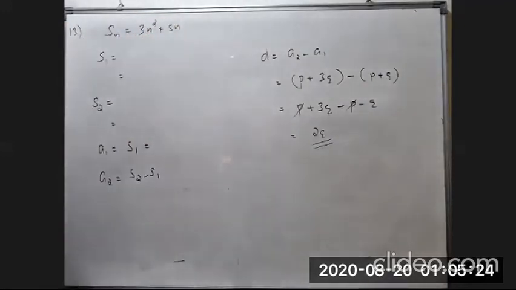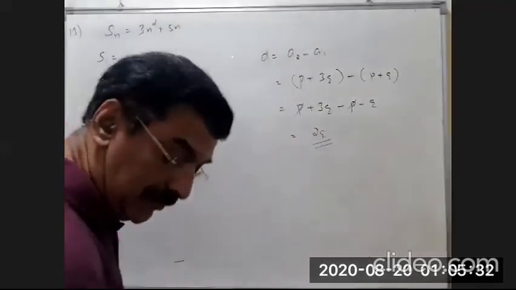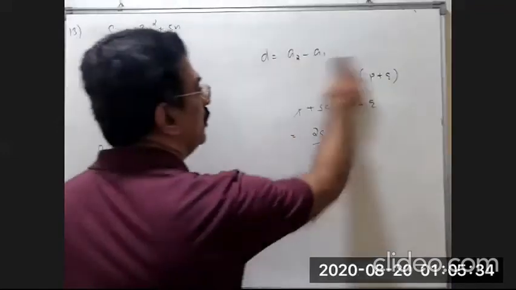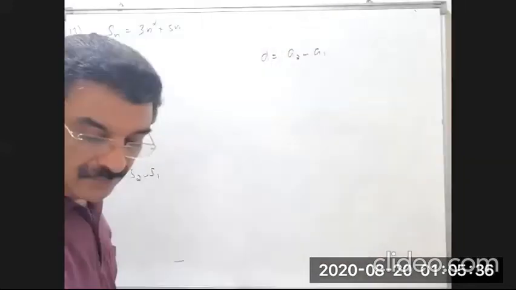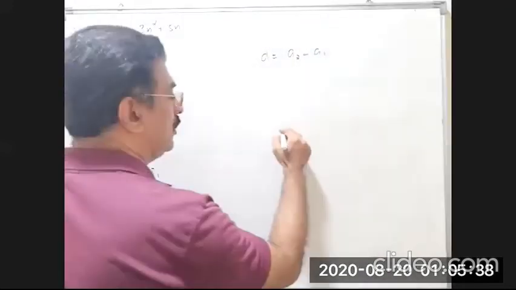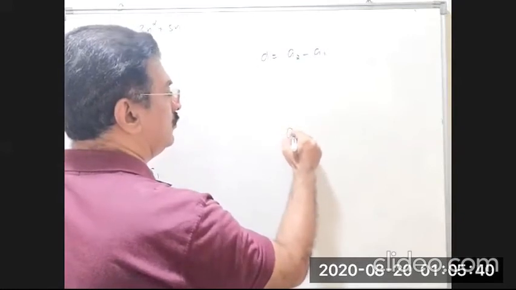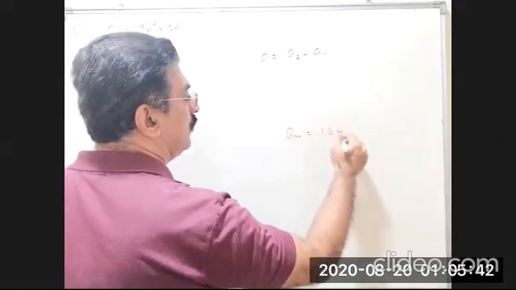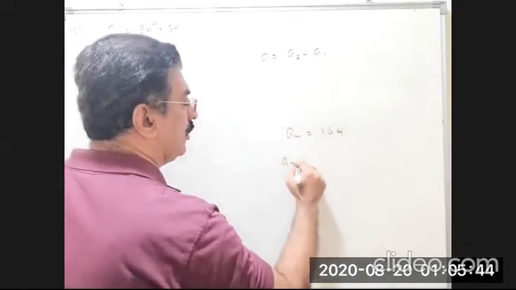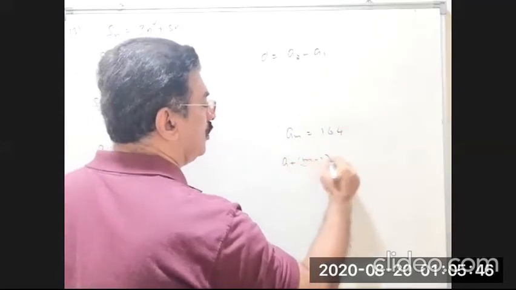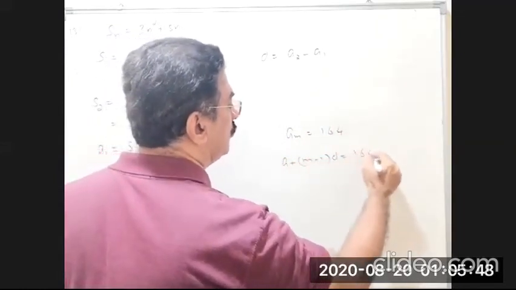The mth term is 164. That means the mth term, a plus (m minus 1) d, is 164.